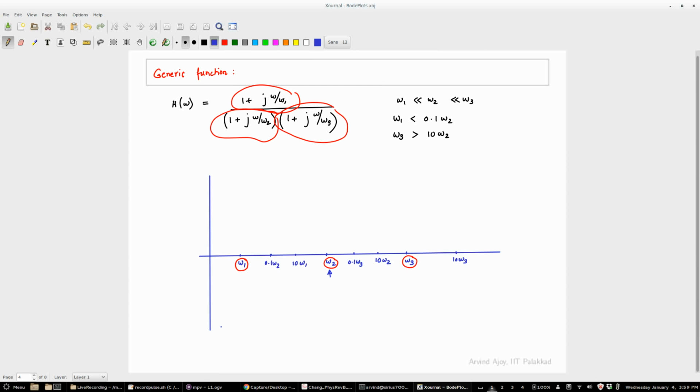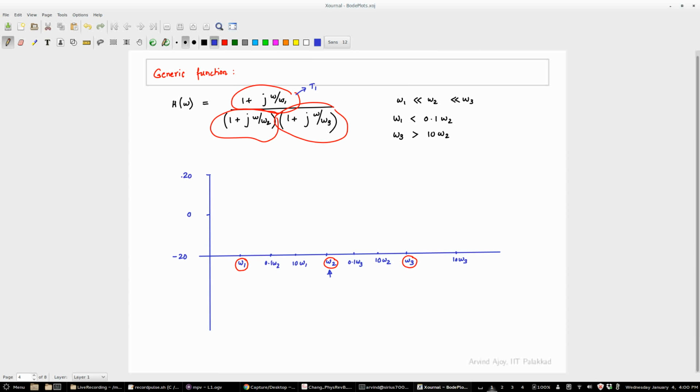Just to be clear, let me circle omega 1, omega 2 and omega 3. Further, if I have omega 2 there, then I'm going to have 0.1 omega 2 here. If I have omega 3 there, I will have 0.1 omega 3, and that's good enough for me.